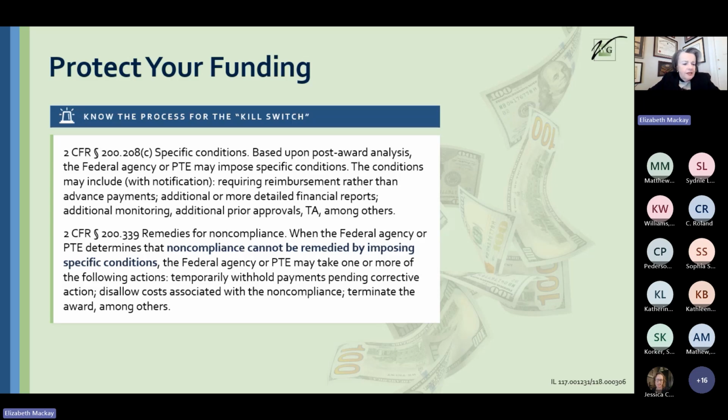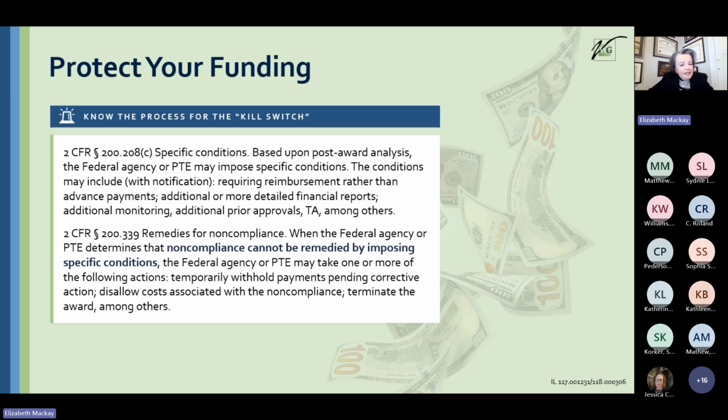And they're addressed in 2 CFR section 200.208(c). These conditions may include, with notification, notably, requiring reimbursement rather than advance payments, right? So that's a cautionary approach.